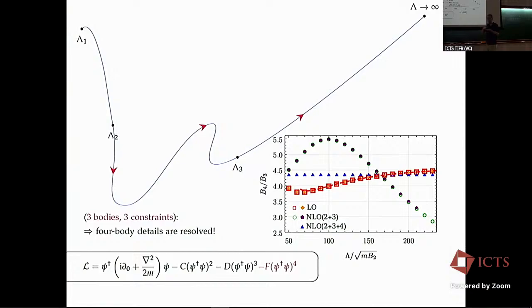So you go one higher up in order, meaning that you add to this Lagrangian momentum dependent terms, derivatives, in a Galilei symmetry compatible fashion amongst the field operators in all possible ways.